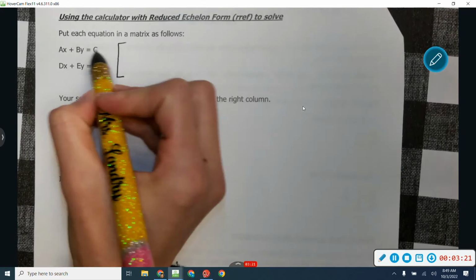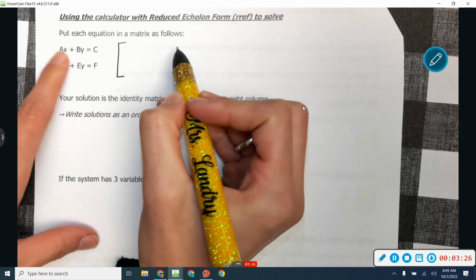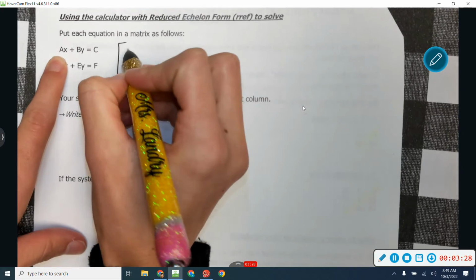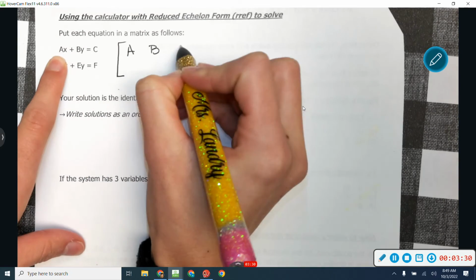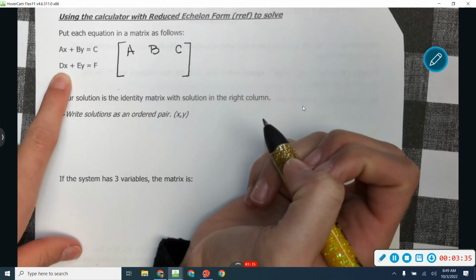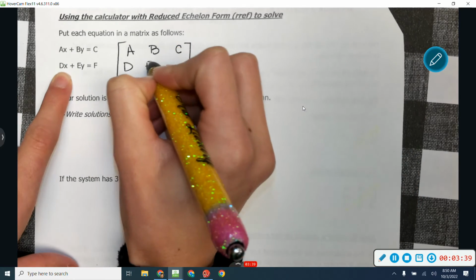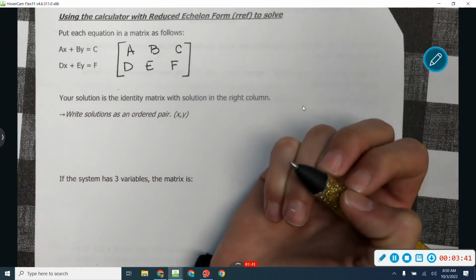The first equation, those coefficients are going to be my first row. Okay, so hypothetically I've got A, B, and C, so that is going to comprise my first row of this matrix. Okay, my dx plus ey equals f, that d, e, f is going to be the second row.